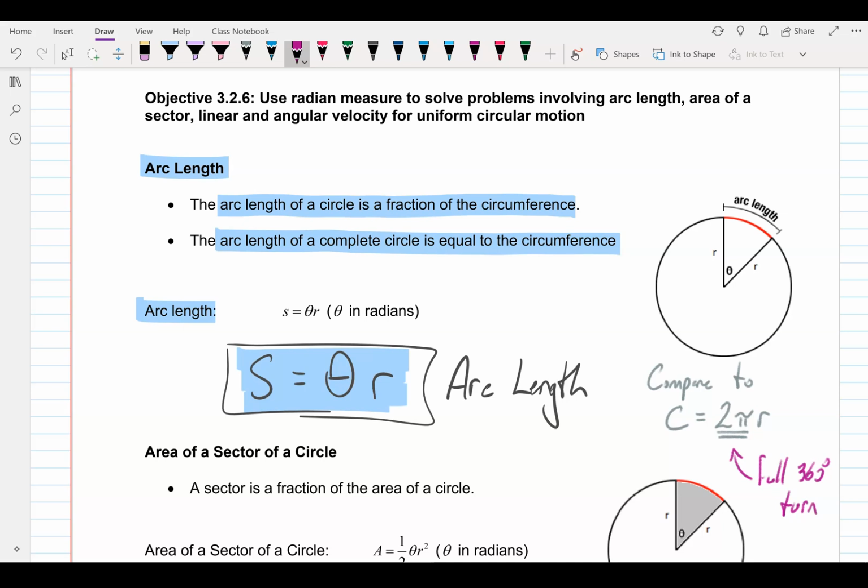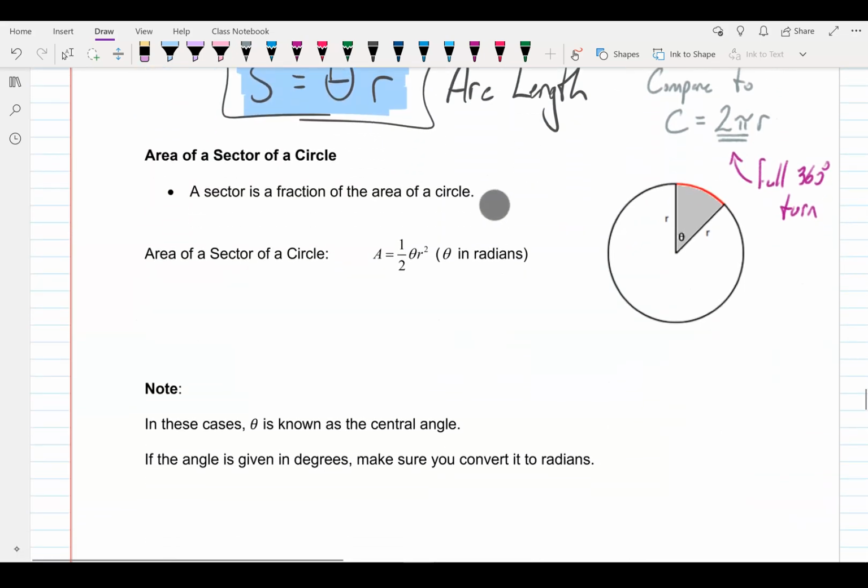And so a full circumference would be taking this arc length and going around here, 1 pi, 2 pi. We use our formula 2 pi times r, that is circumference. But you don't really need to know that in order to do this stuff. Just know that arc length is a fraction of the total circumference, and just use the formula.